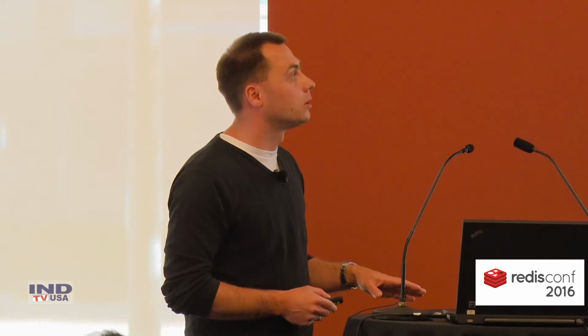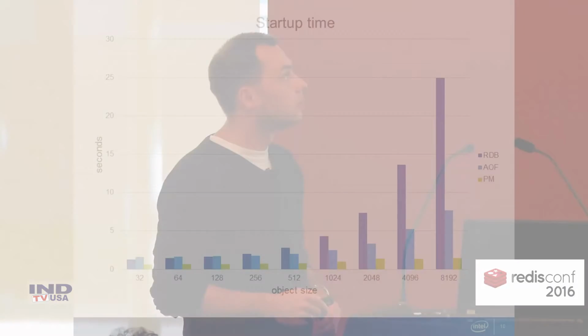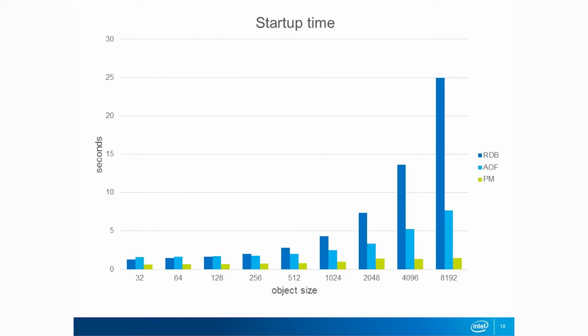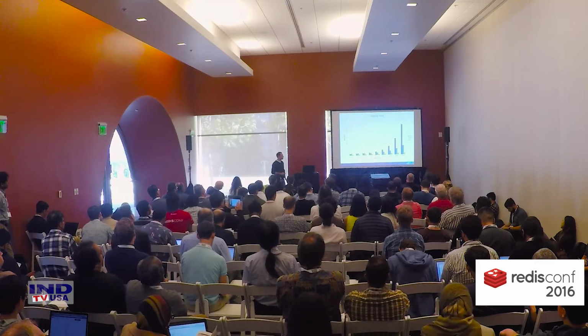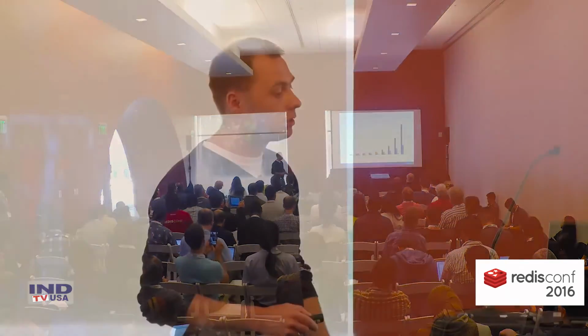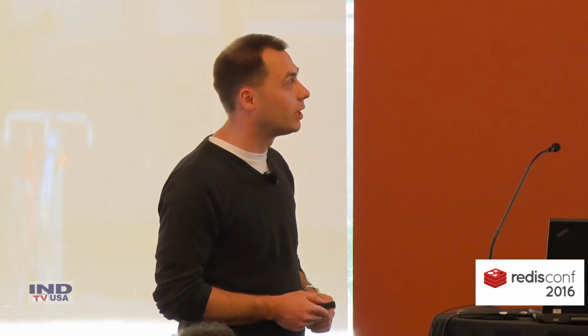But the number of operations is only one scenario. There are some other features that we can also compare. For example, there is the startup time. Here we can see that the startup time for the persistent memory version is always the lowest and almost independent from the database size, around 1 second.